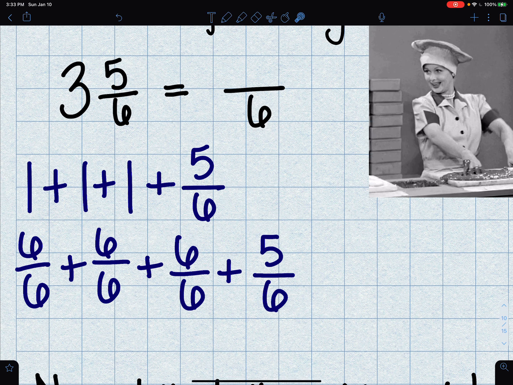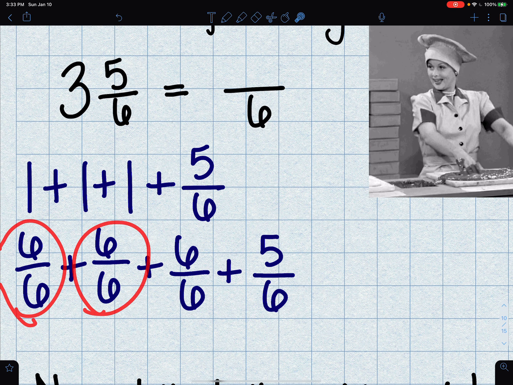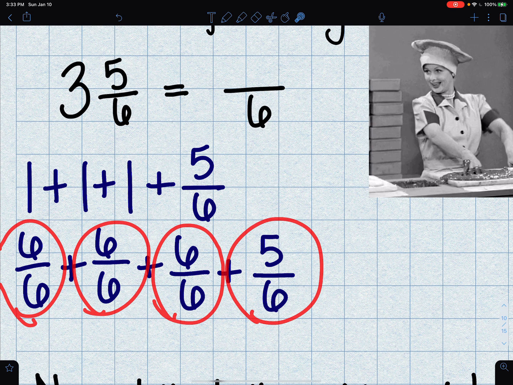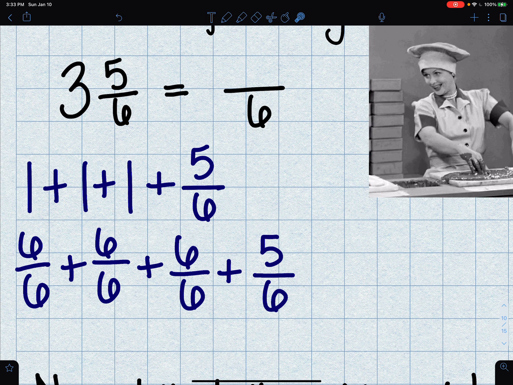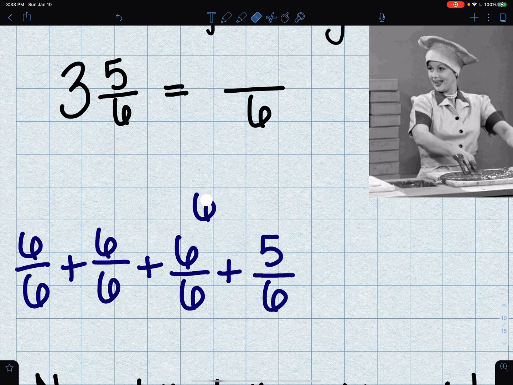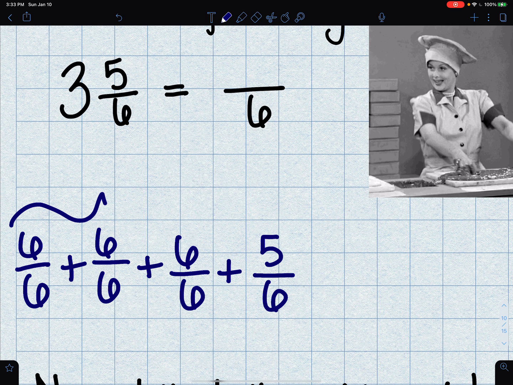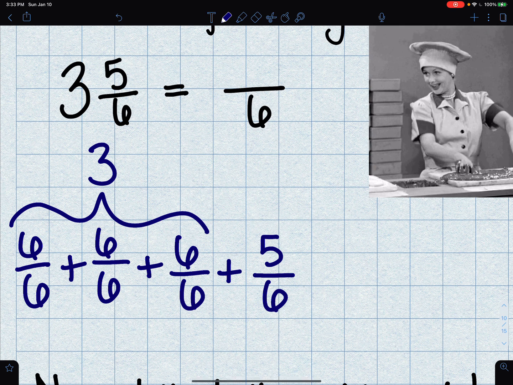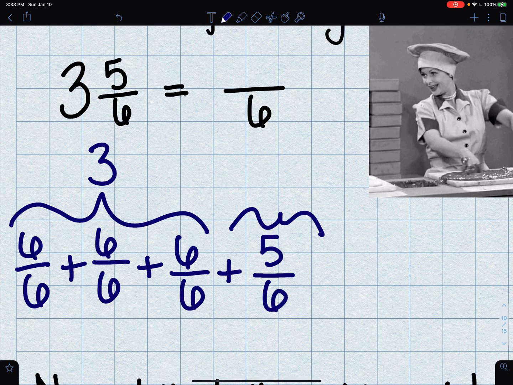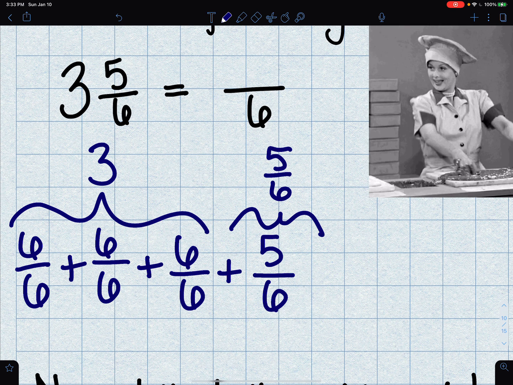So this is the same as 1, 2, 3, and 5/6. See how I did that? So this part is the 3. This part is the fraction, the 5/6.